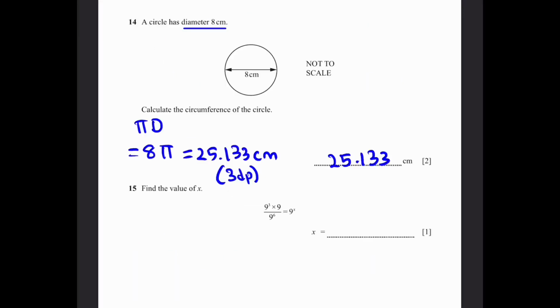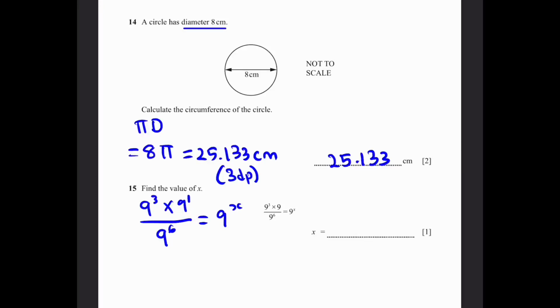Question 15. Find the value of x. 9 to the power 3 multiplied by 9 divided by 9 to the power 6 equals 9 to the power x. Using the rules of powers, let's write this down. This 9 is equivalent to 9 to the power 1.